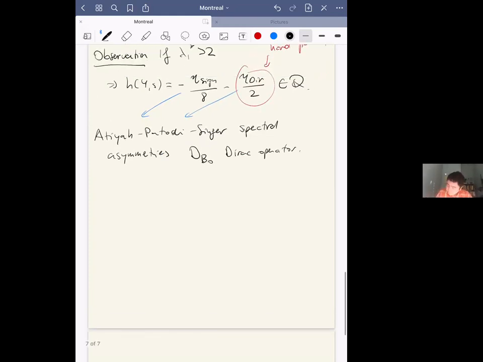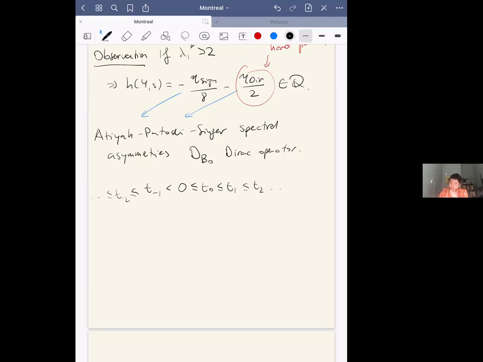And unlike the Laplacian that we mentioned before, which is a positive operator whose spectrum was all positive, the Dirac operator's spectrum is infinite in both directions. So you have t0, t1, t2, and then you have t-1, t-2, and so on.